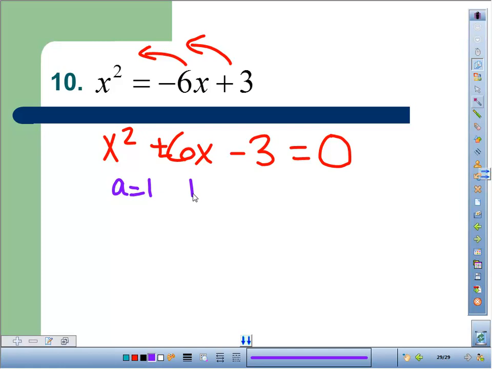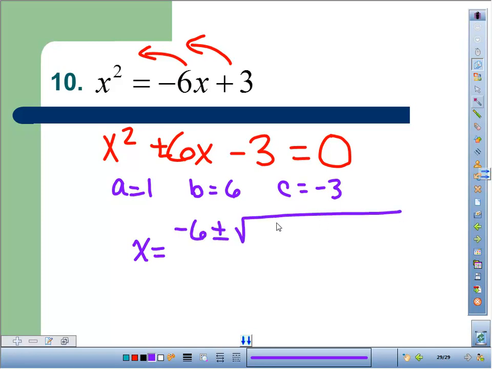A is 1, B is 6, C is negative 3. So x equals negative b plus or minus radical b squared minus 4ac, all over 2a.